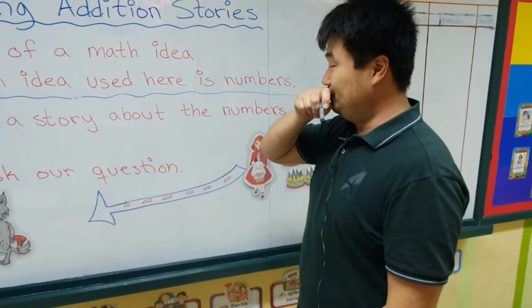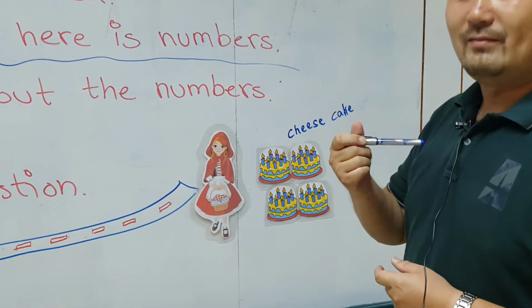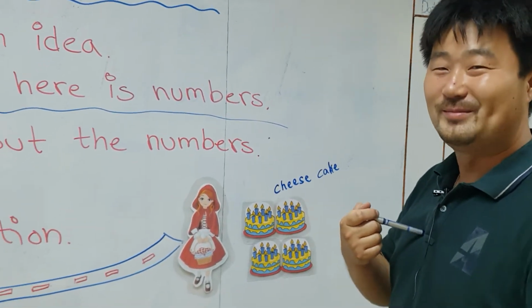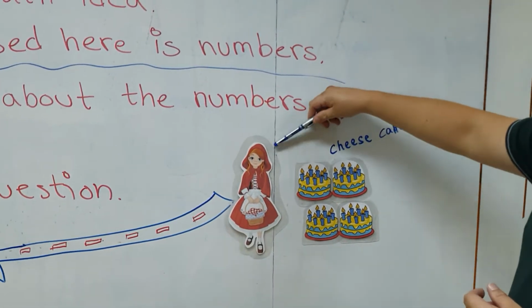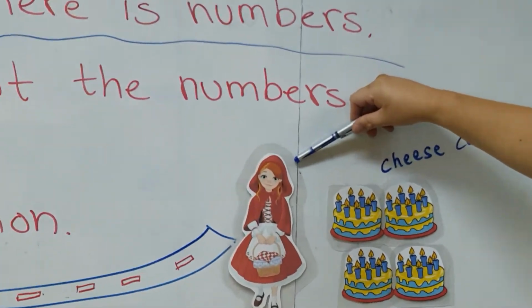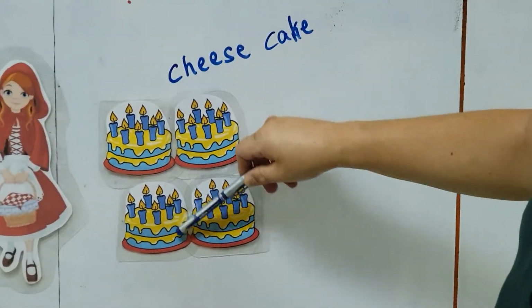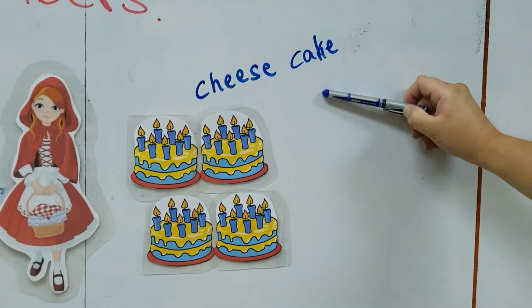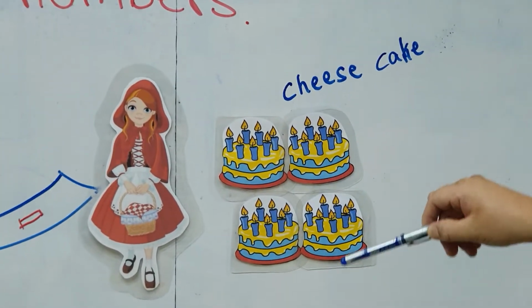So this is my story, my version of the Little Red Riding Hood. Okay? So, one day, Little Red Riding Hood, who loved to bake, baked 4 cheesecakes. 4 cheesecakes, you see they are yellow cheesecakes.